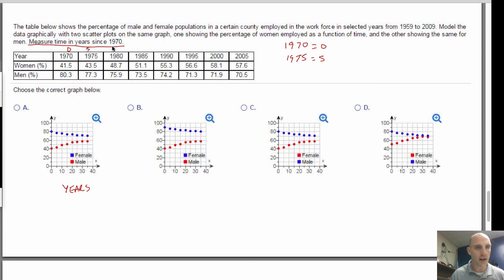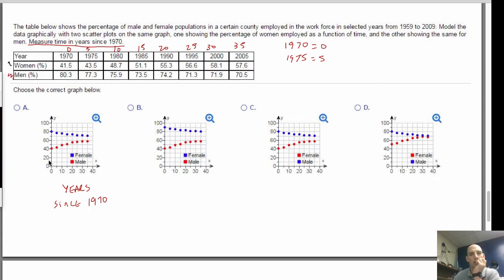This is 0, 5, 10, 15, 20, 25, 30, 35, because that's the number of years since 1970. That's what corresponds on here. So this is not just years, this is years since 1970.